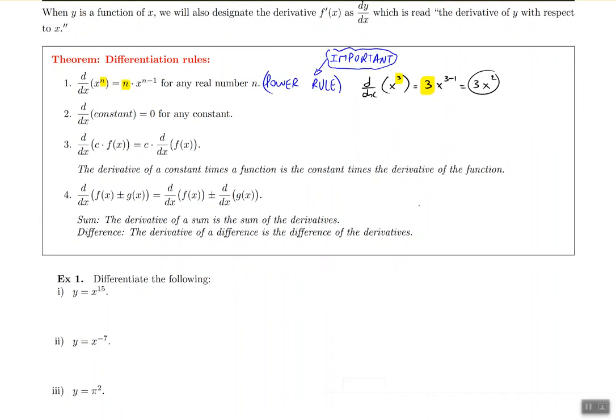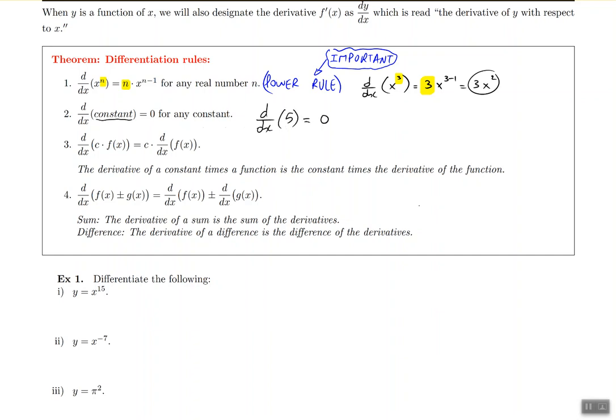The next rule on the list is called the constant rule. This basically says that the derivative with respect to x of any old constant, and by the word constant we mean any old number, so like 5, 7, -3, even fractions like 7 over 3, the derivative of any number with respect to x is always 0.